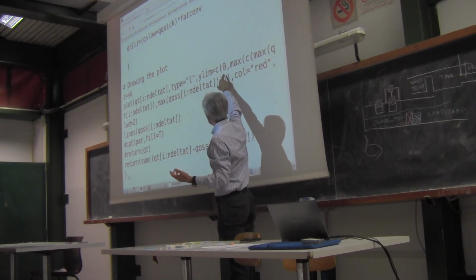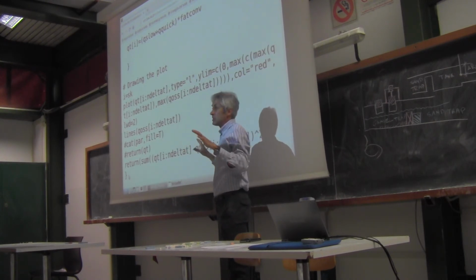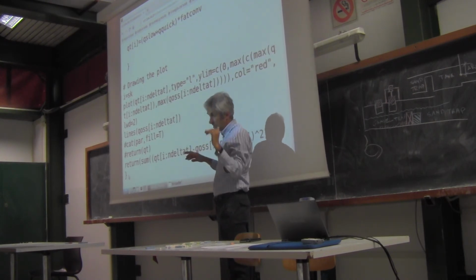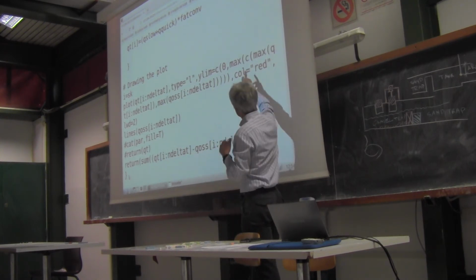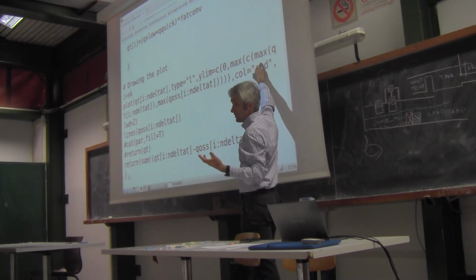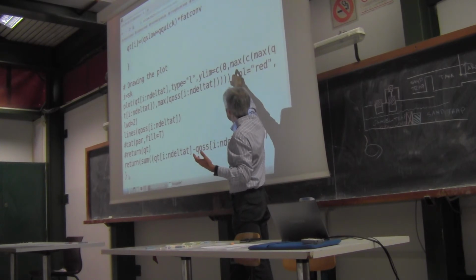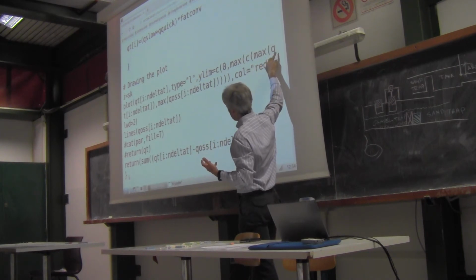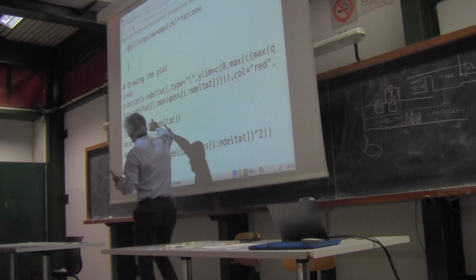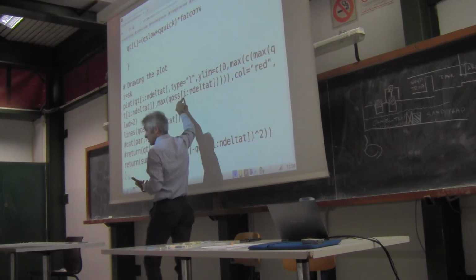So ylim starts at 0, because for sure we are dealing with positive variables, so it's fine if we set 0 as the lower level for y. But the upper value is decided with this instruction: the maximum of what? The maximum between Qt and the maximum of Qos.